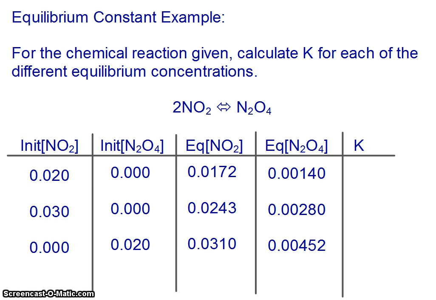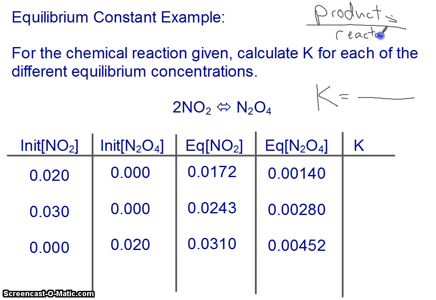So now let's look at an actual reaction and see how this applies. I've got a reaction of 2 nitrogen dioxides going to dinitrogen tetroxide. If I was to write the K for this, K equals a ratio, and the ratio is always going to be products over reactants. I don't know why I didn't write this on an earlier slide.